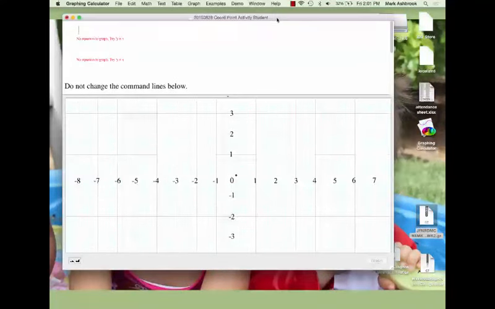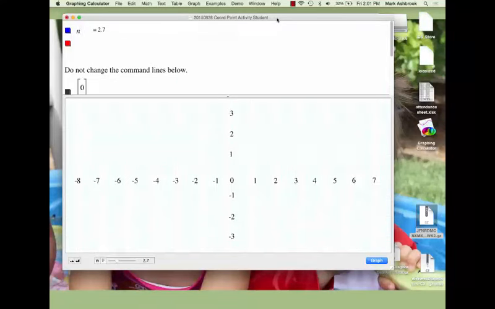Okay, before we get to the graphing part, I want to explain to you how in the graphing calculator, lowercase n is reserved for a variable for which you get what's called a slider. So just everyone, in this first command line, type n. When you do that, it'll say equals some number, and then you'll come down here and you'll see this little thing appear. This is called a slider.